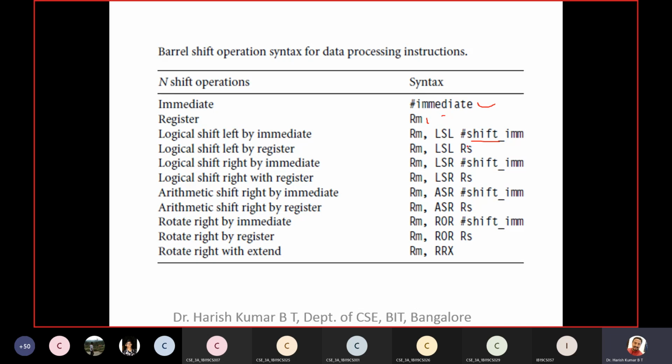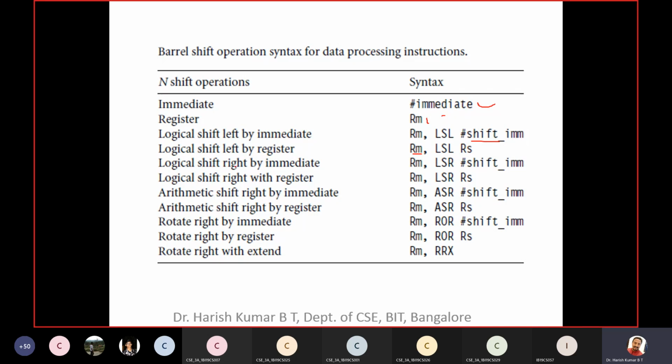Now logical shift left by register. It's not that you should always give the shift amount as an immediate number; the shift amount can also be given in a register. So RM is the register whose value should be shifted, we do a logical shift left, and the shift amount is not an immediate number but is in the register RS.